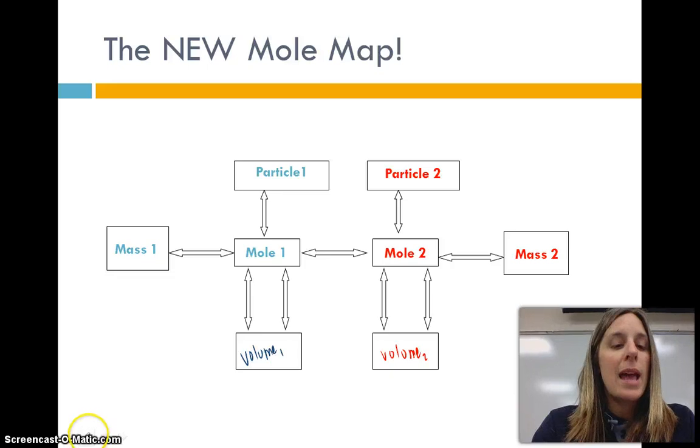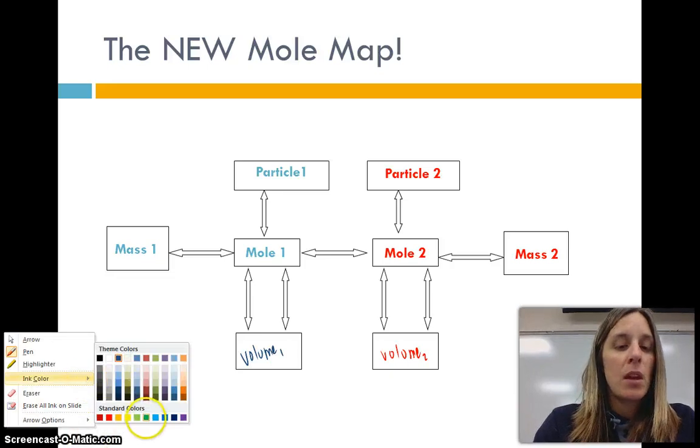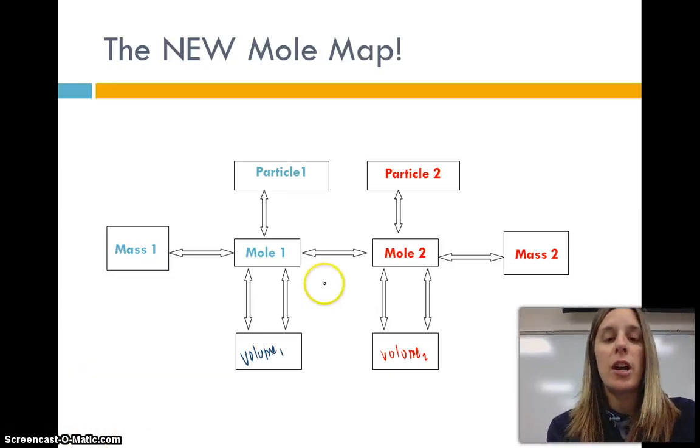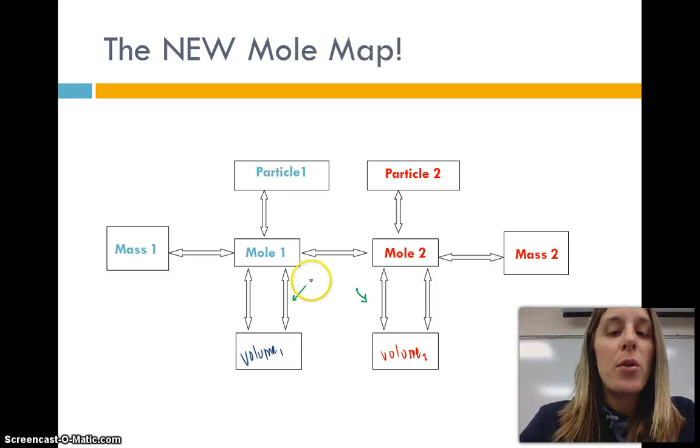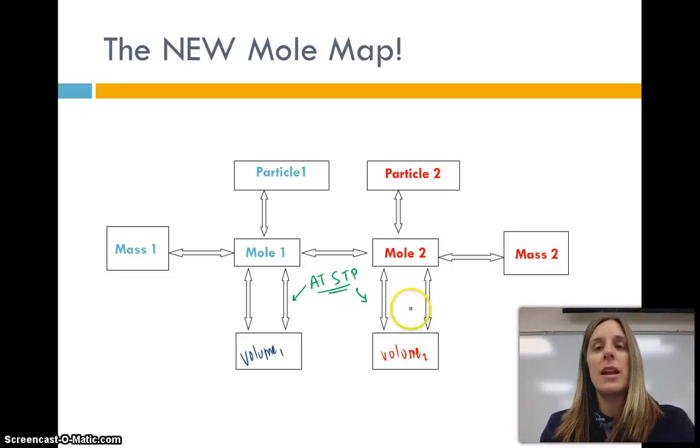How we add into this mole map is we're going to talk about this middle arrow. I call this the fast track. You can only use that middle arrow if you're at STP. We'll talk about the outside arrow tomorrow.